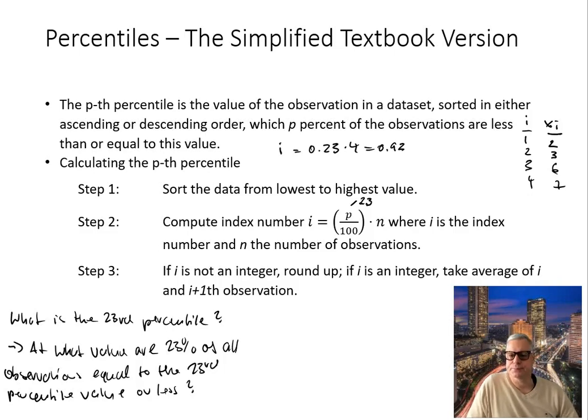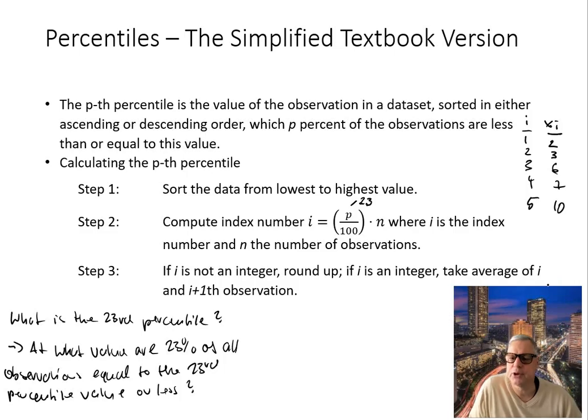And if I want to know, for example, the 40th percentile, and I had 5 observations, so now let's say I had 5 observations.